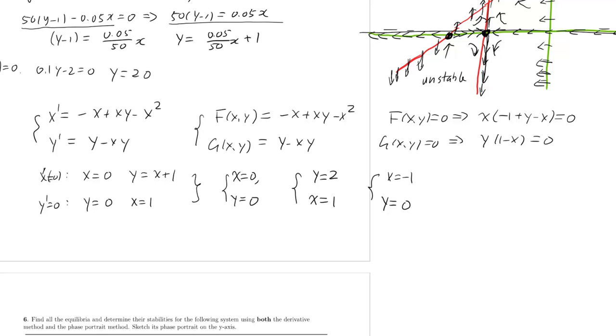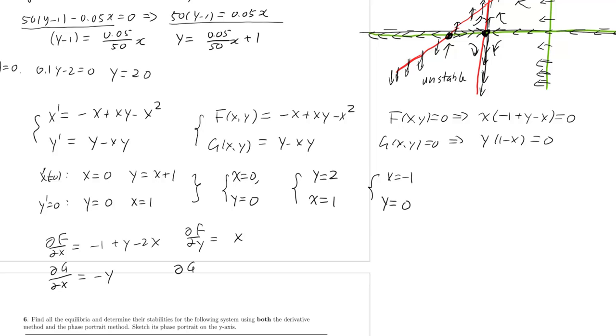Now what do we do? We now take the partial derivatives. Partial f, partial x, that's going to be negative 1 plus y minus 2x. And partial f, partial y, that's going to be just x. And partial g, partial x, that's negative y.